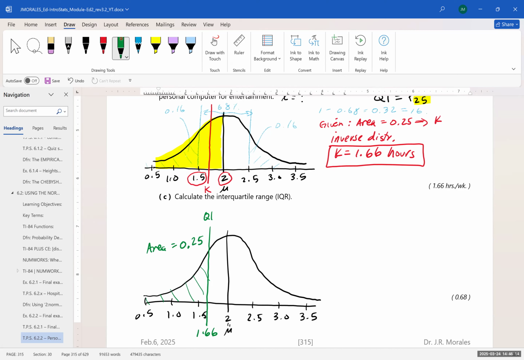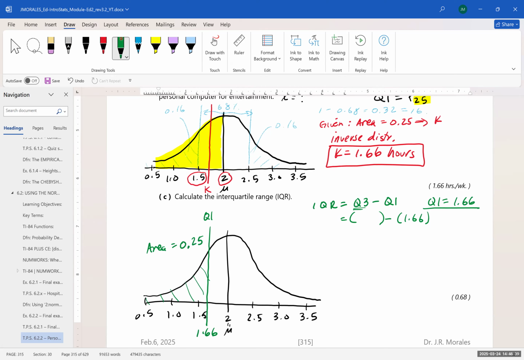Now, what we need for the interquartile range is the third quartile minus the first. Well, we know that the first quartile is at 1.66. That's given. What we need is to know what the third quartile is.